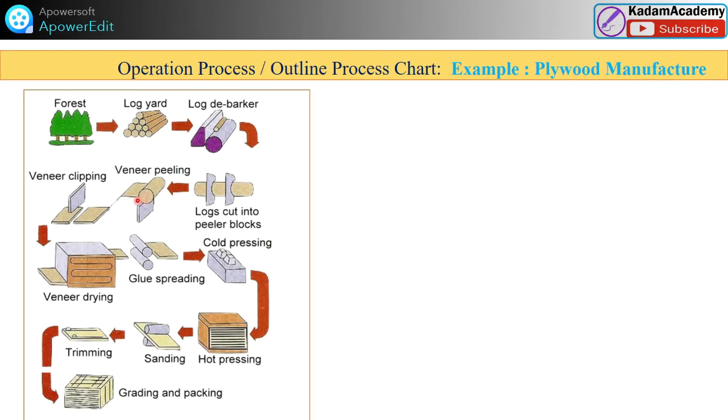It is scraped out slowly by using that machining process, or whatever the process is there. Different machines, special purpose machines are there. Veneer clipping. After that, veneer drying, glue spreading, cold pressing. Like these are the various trimming and grading, packing. Lastly sent to the customer.